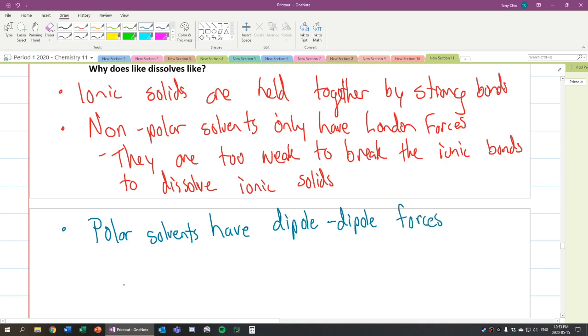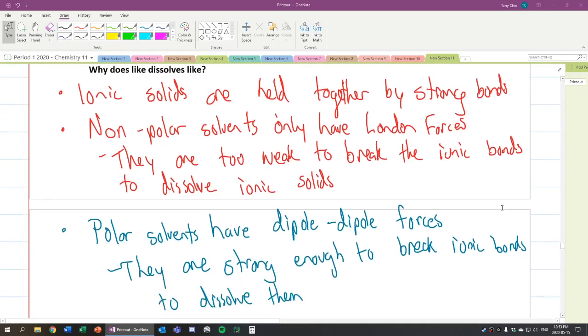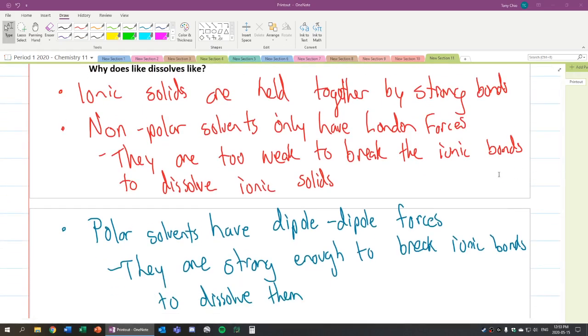And because of that, they are strong enough to break ionic bonds to dissolve them. So that's why ionic salts can only dissolve in polar solvents.